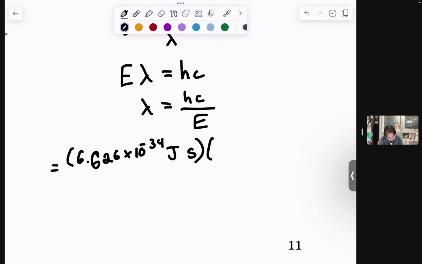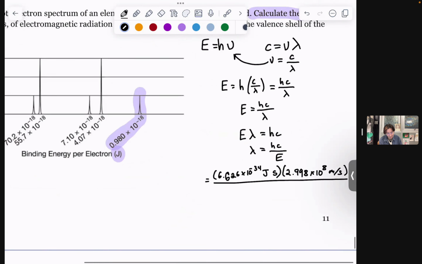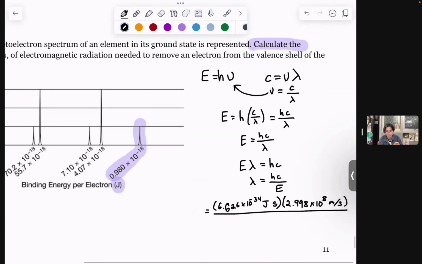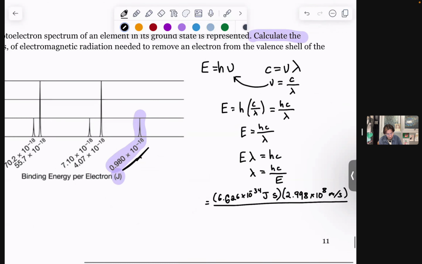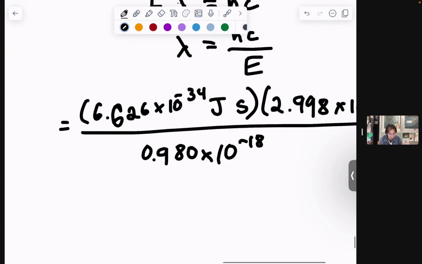Times the speed of light, which is 2.998 times 10 to the 8th meters per second. And the energy that this photon, this bit of radiation, would need is this many joules: 0.980 times 10 to the negative 18 joules.